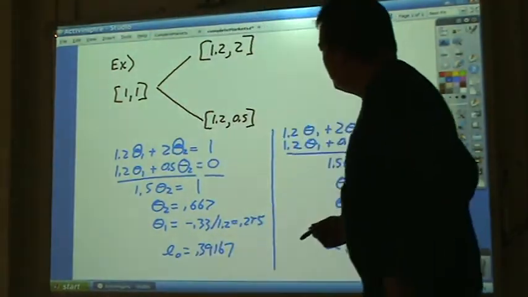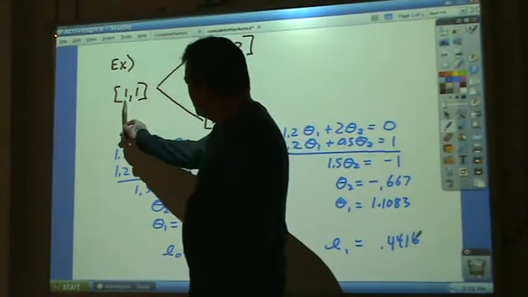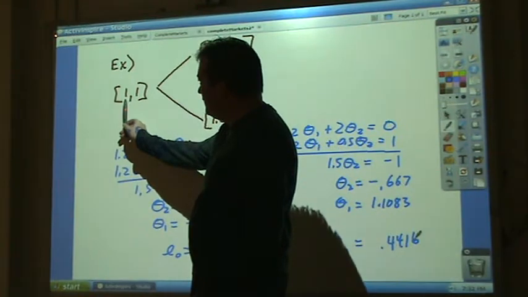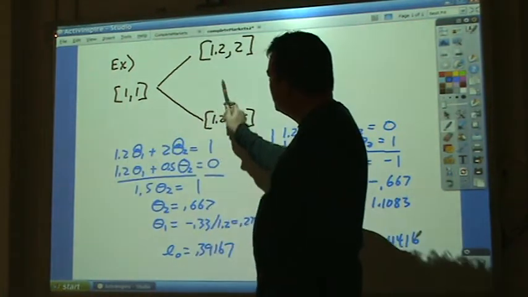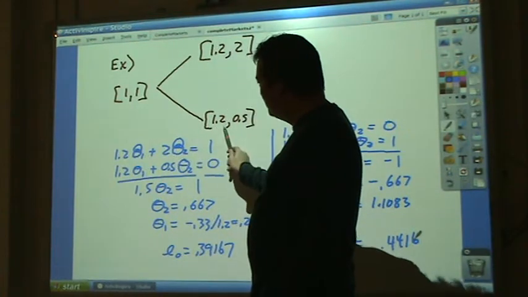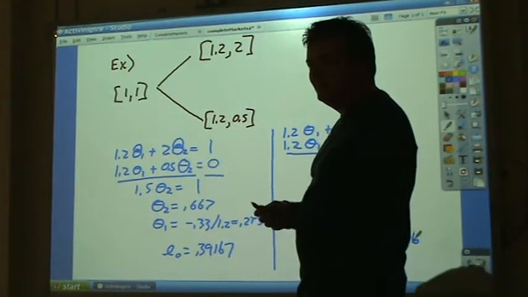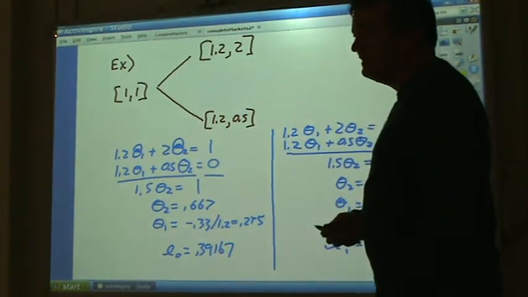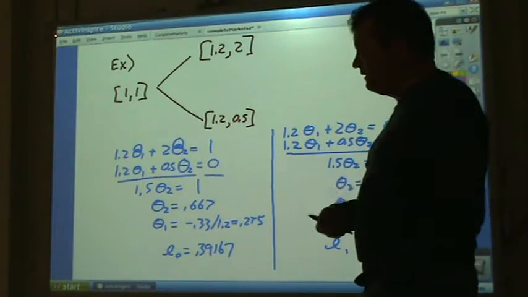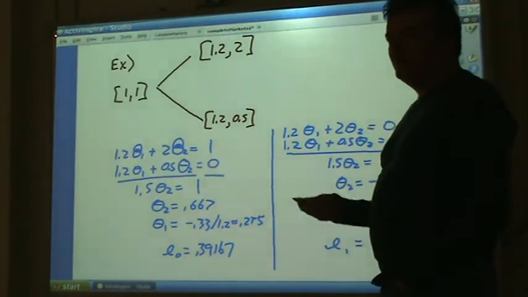So now, just as a comment, what does the first security, the one that starts off at $1 and then at some point in the future turns into $1.20 or $1.20, sound like is going on? It doesn't have to be a stock. It could be anything you can put your money into. Like fixed income?